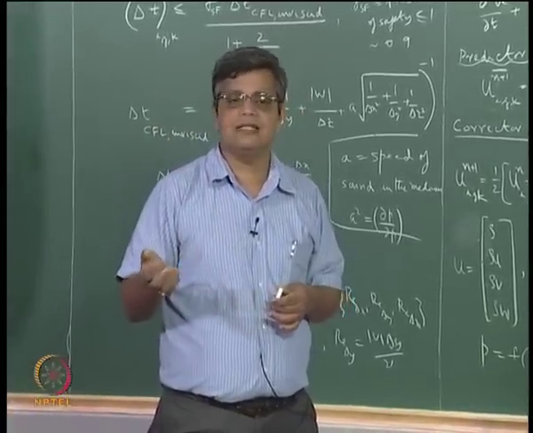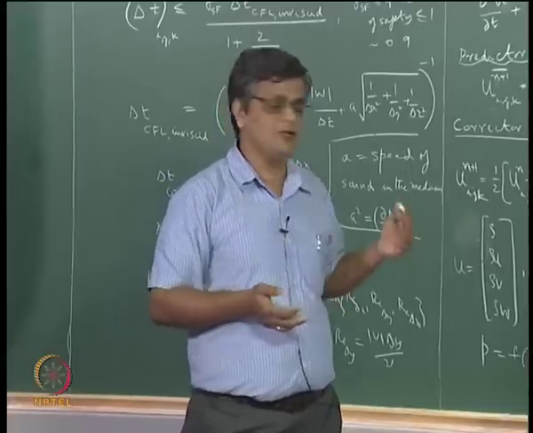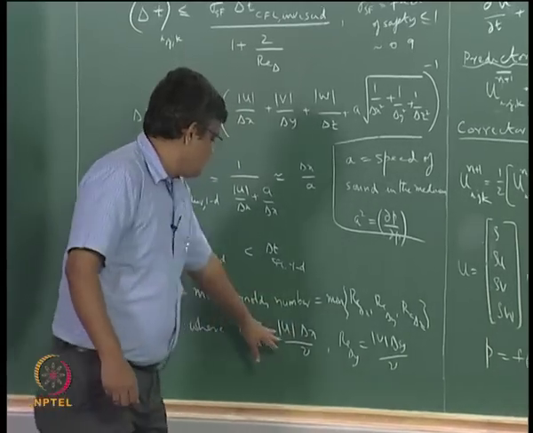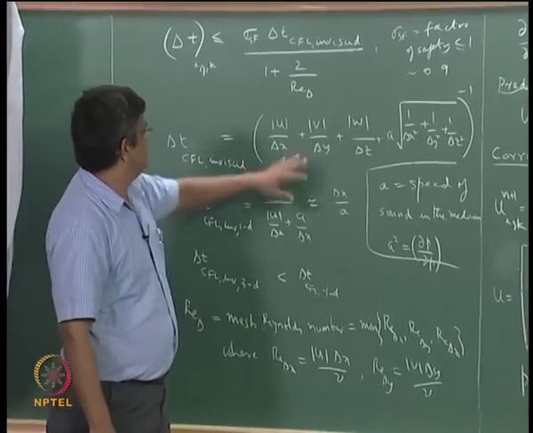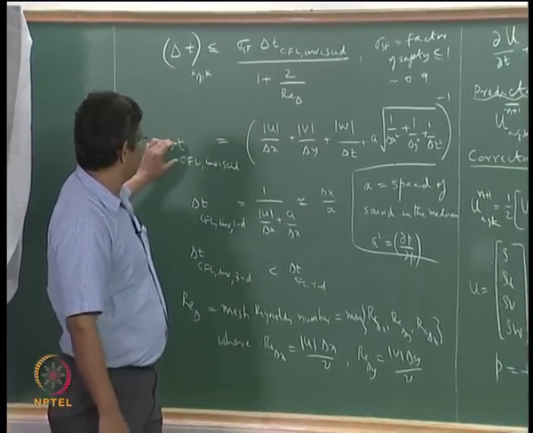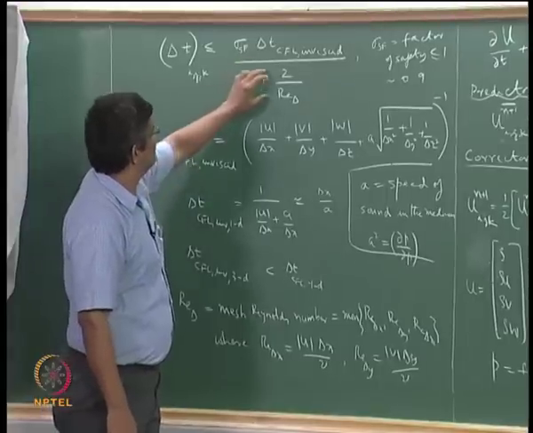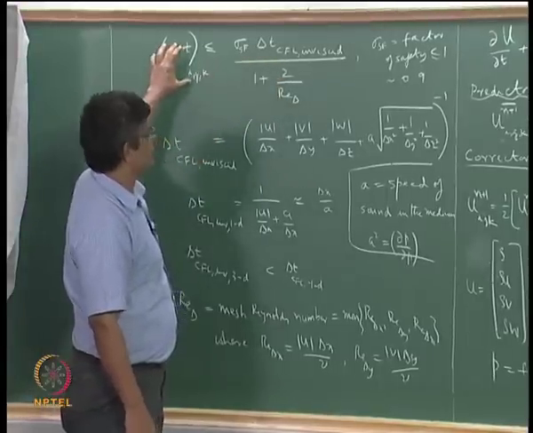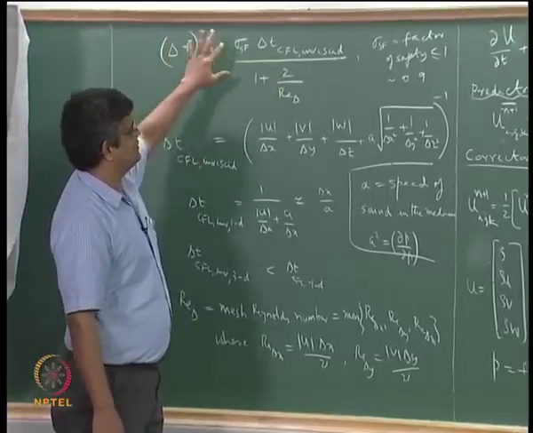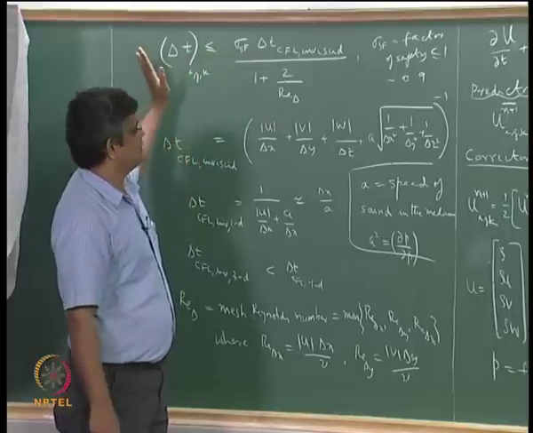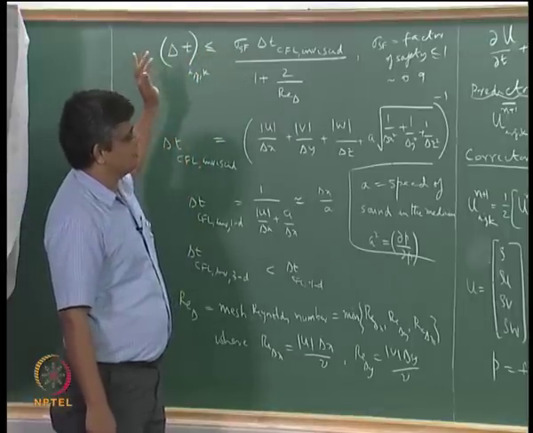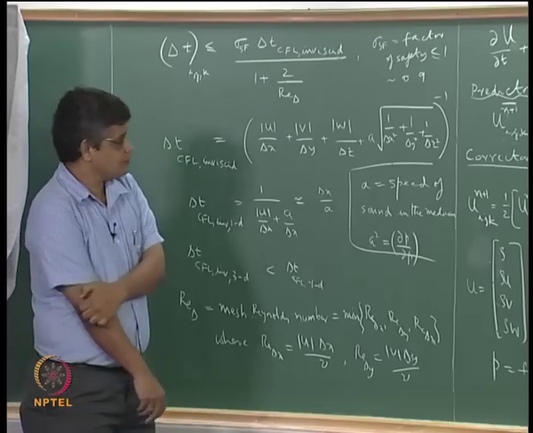It may become lesser or it may become greater depending on how the velocities are changing, and how they are feeding into the inviscid limit and also into the Reynolds number here to get the overall viscous limit of CFL, the stability condition, which is an estimated quantity. Okay.